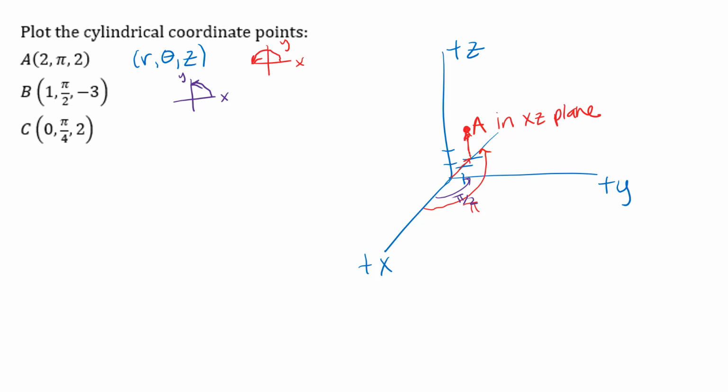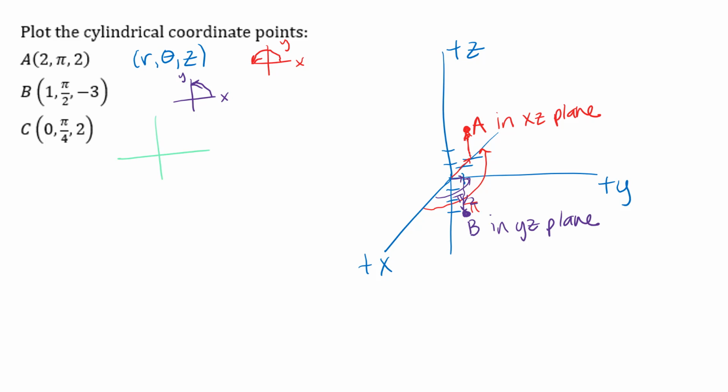Out 1 unit from the origin, so I'm at 1 unit over on the positive y-axis at that point. And then from there, I'm going to go down 3 in the z direction. I'll put a scale on my axes there and then go down 3. So my point B here is 3 units below the xy plane. So it's in the yz plane, 3 units below the xy plane.